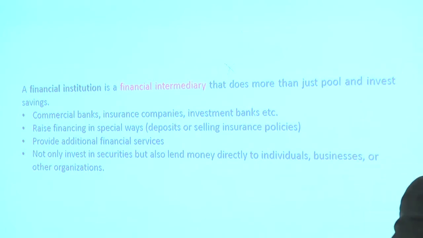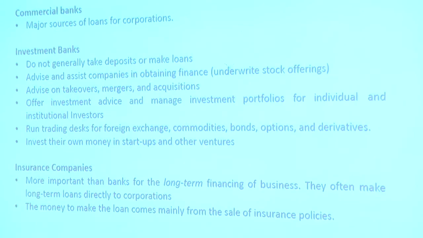They raise financing in special ways, through deposits or selling insurance policies. They provide additional financial services, and they not only invest in securities, but also lend money directly to individuals, businesses, or other organizations. So a financial institution does more than a financial intermediary. That's a bit of a difference.